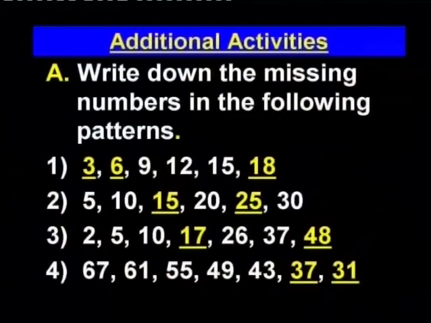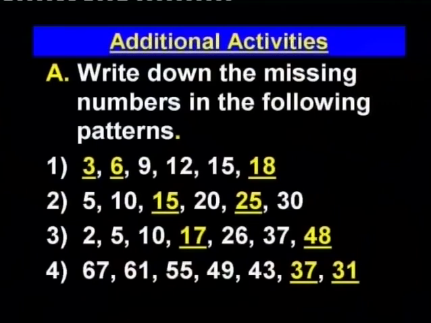Let's see. 2 plus 3 will give you 5. 5 plus 5, 5 is an odd number, gives you 10. 10 plus 7, 17. 17 plus 9, 26. 26 plus 11, 37. And 37 plus 13, 48. Right?